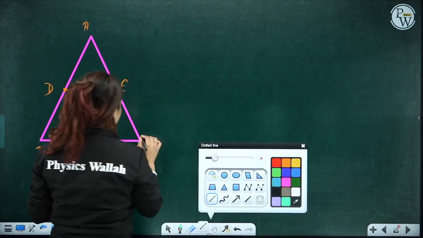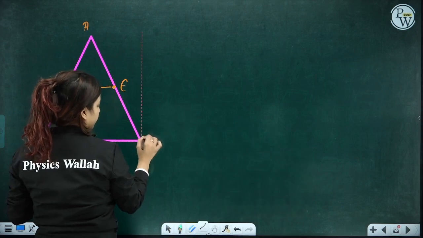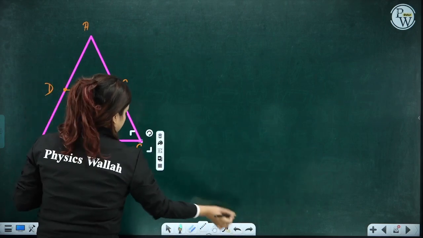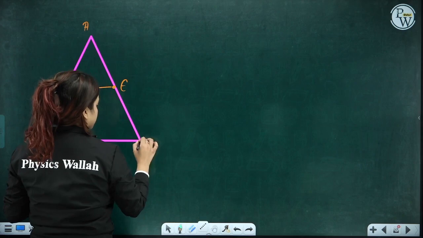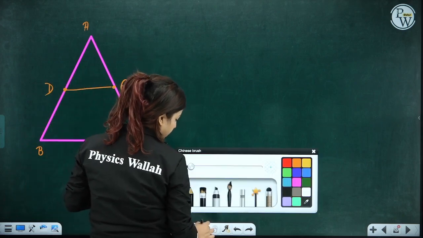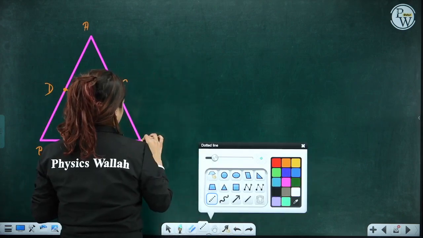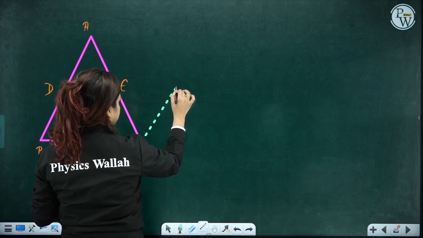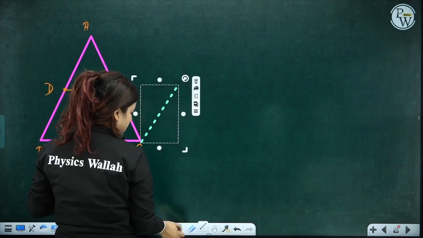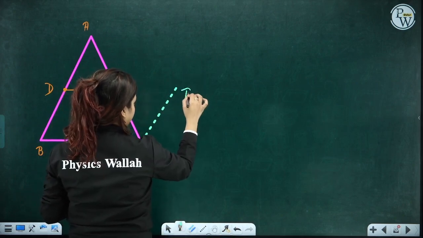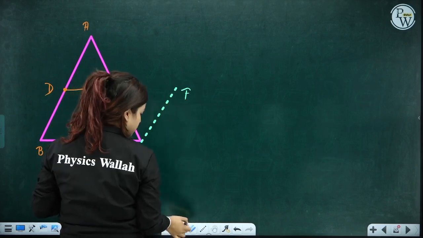So, we are over here constructing a line, students, that is this. Let us name this as F and let's just join it.